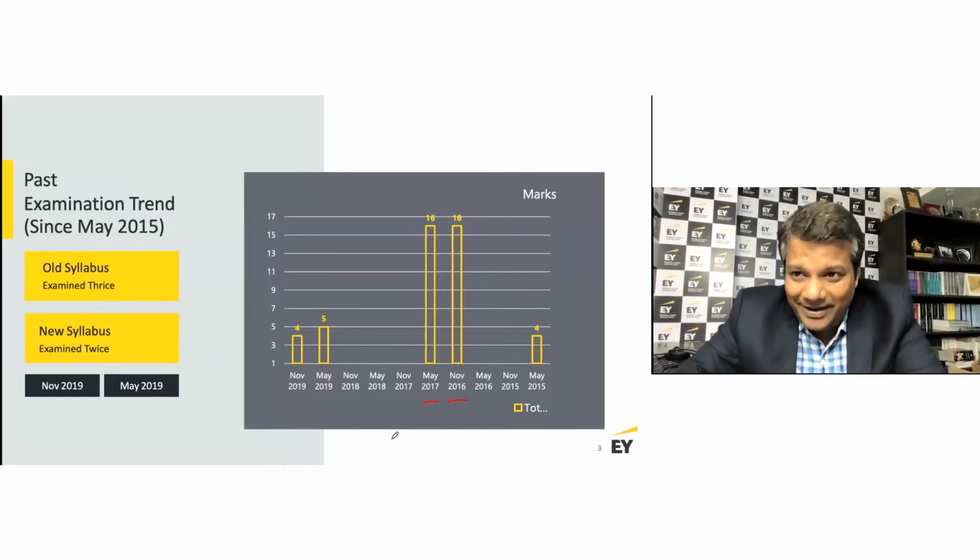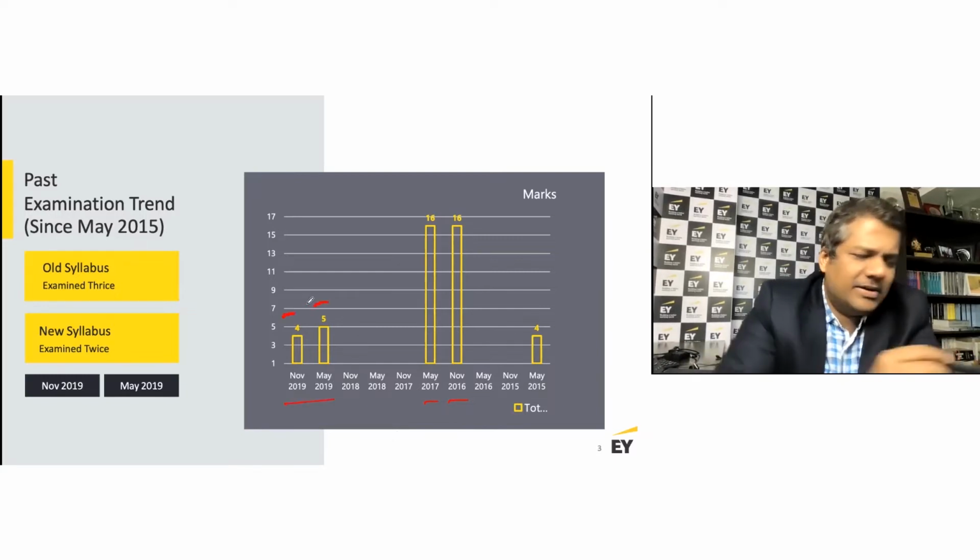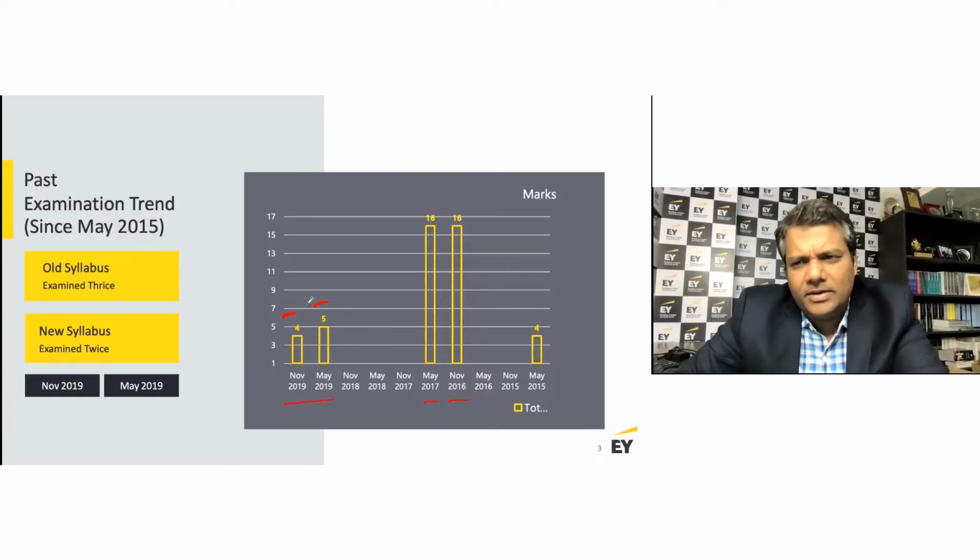Pretty sizable. But in the last couple of attempts, it is like 4 marks and 5 marks. So it's important, right? It's important, but not like business combination or consolidation or revenue recognition, where you are sure that there are going to be some questions around those topics, right? So here the topics are being considered for 4 to 5 marks.